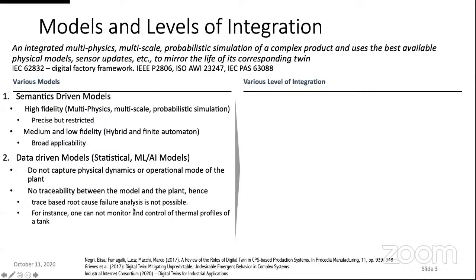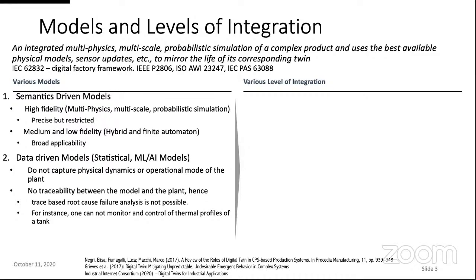The second one is a data-driven model, which is also getting quite popular because artificial intelligence and machine learning are becoming a handy tool in every domain. It's true for industrial systems as well. Here, these AI/ML models do not capture any physical dynamics, like physics or an automaton, but basically collect the operational data from the plant and try to correlate certain parameters of interest from the input data points.